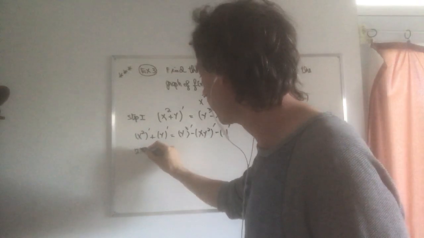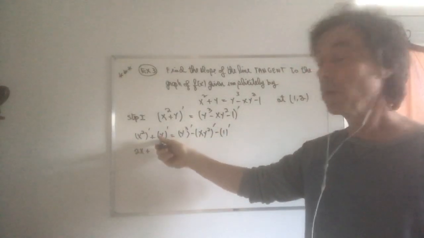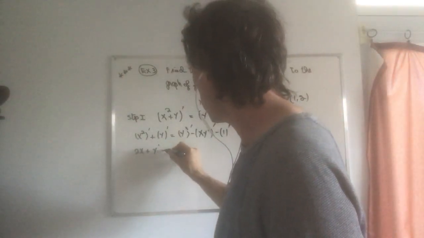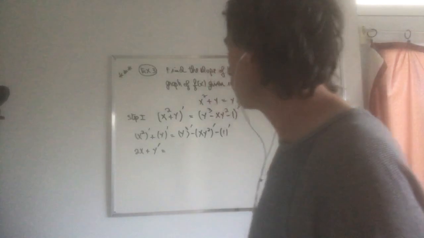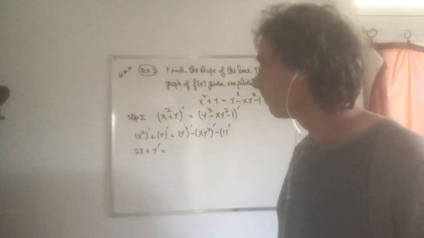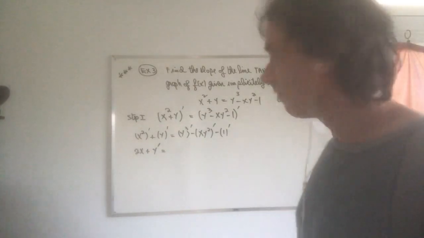So 2x plus, what is this? That's what we're looking for. As usual, we want y prime, so we're not going to evaluate this. This is just y prime. Now look at y to the power of 3. I'm going to use the power rule for functions.